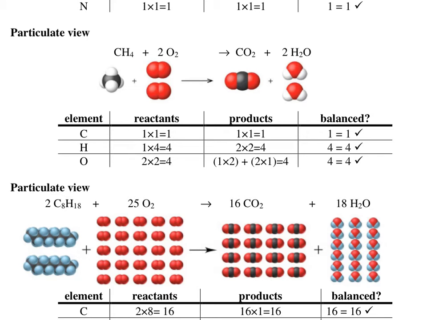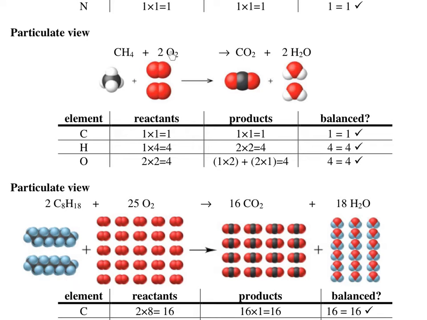Let's look at carbon. Carbon has 1 atom in the reactants and 1 atom in the products. Hydrogen, 4 atoms here in the reactants and 2 times 2, 4 atoms of hydrogen in the products.